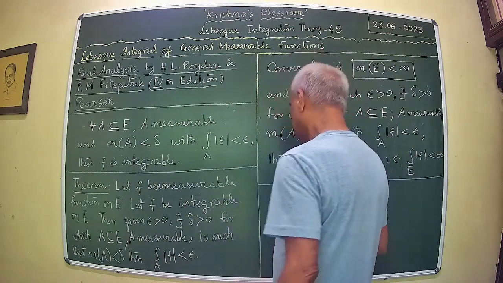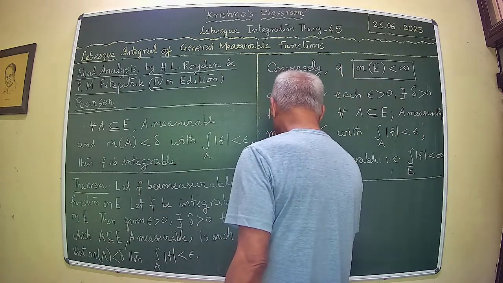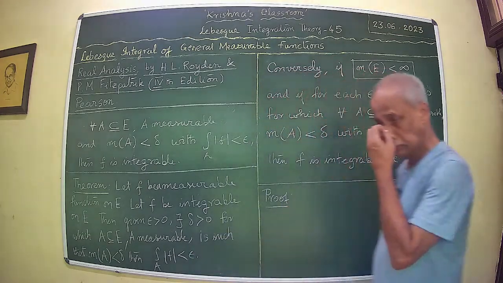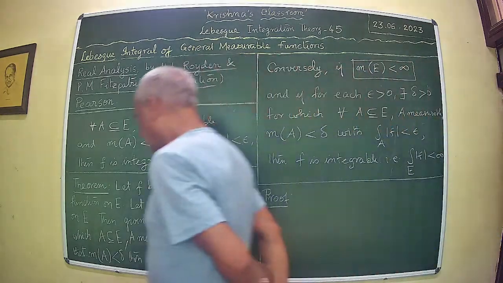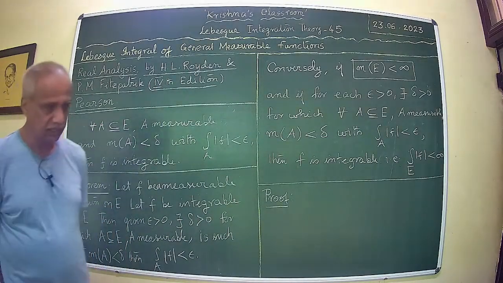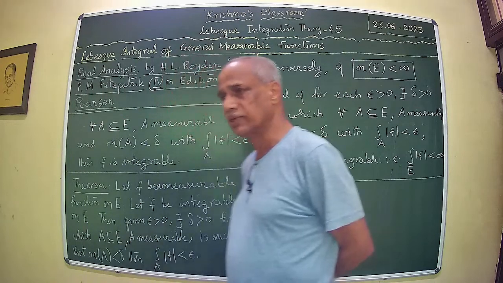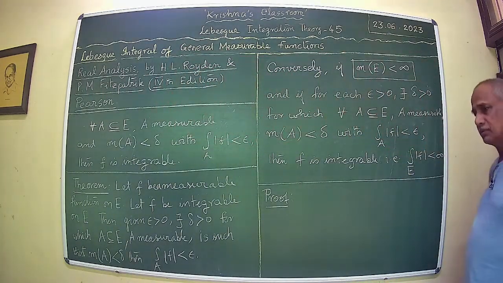Now, we are not assuming the measurable function is non-negative. It may take positive values or negative values, or even extended real valued function is possible.